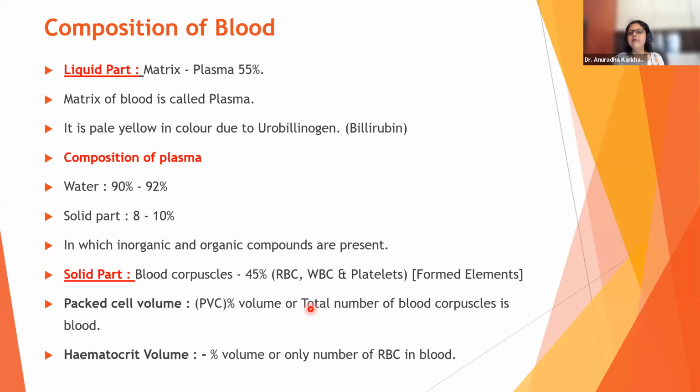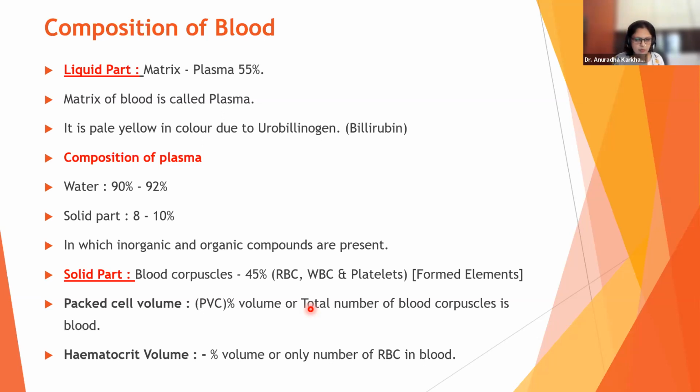Solid parts would have the blood corpuscles called the formed elements, which make up 45%, having RBCs, WBCs, and platelets. Packed cell volume, or PCV as we call it, is the percent volume or total number of blood corpuscles in the blood.